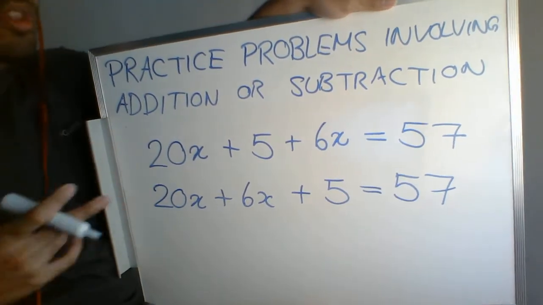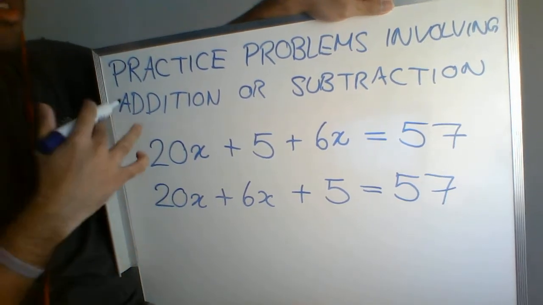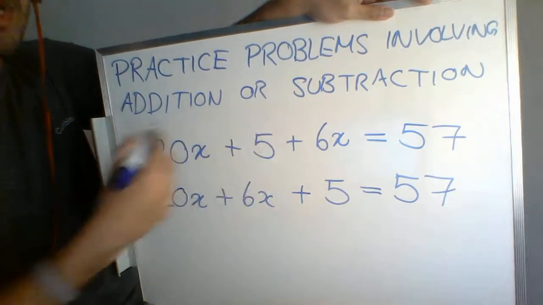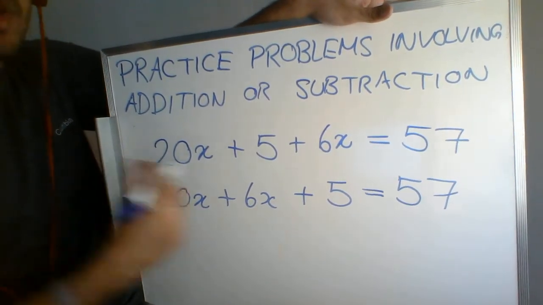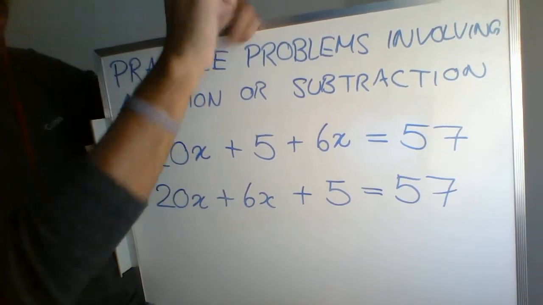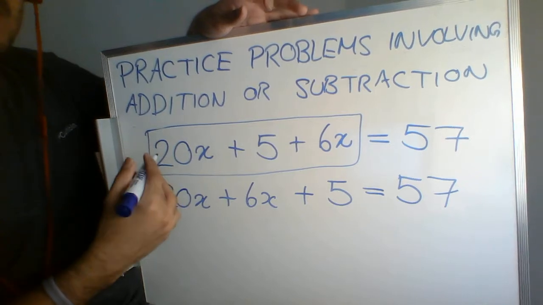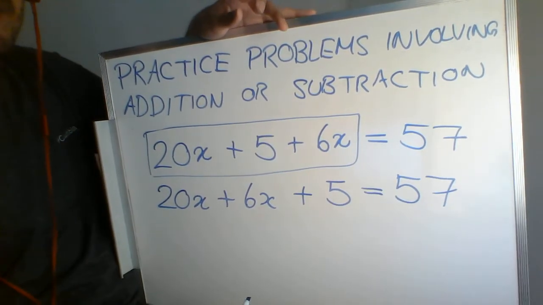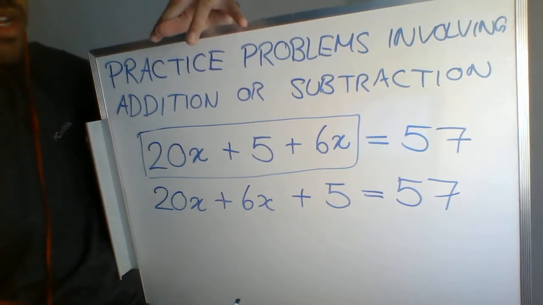Now remember, the goal of this question is to figure out what x is equal to. I've given you this equation at the beginning. Our target is to figure out what x has to be equal to in order for this to be true. Or basically, what does x have to be equal to make sure that this side of the equation is actually equal to 57. If x is 0, it's not going to work. If x is 10, it's not going to work.